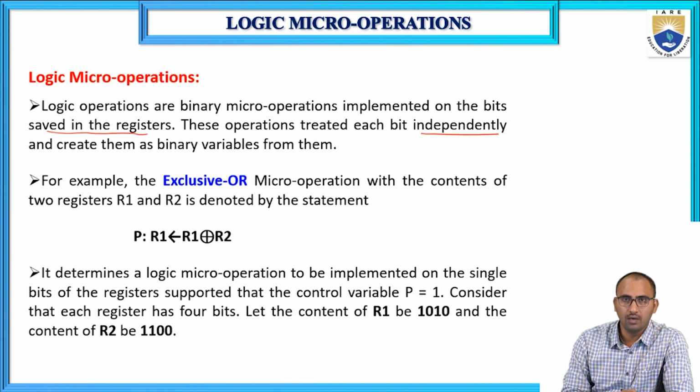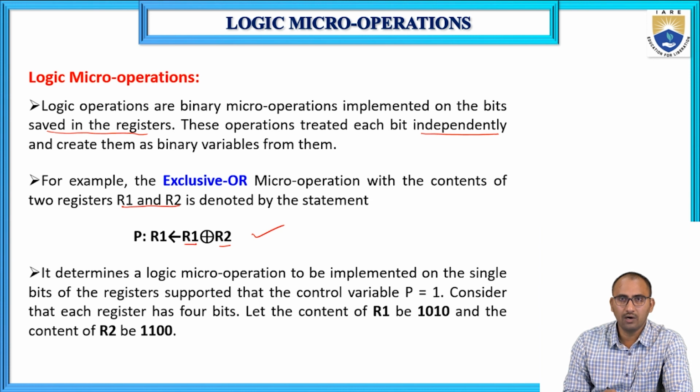For example, consider the exclusive OR micro operation with the contents of the two registers R1 and R2. P: R1 ← R1 ⊕ R2. This expression indicates that we perform the exclusive OR operation on the contents of the R1 register with the contents of the R2 register.